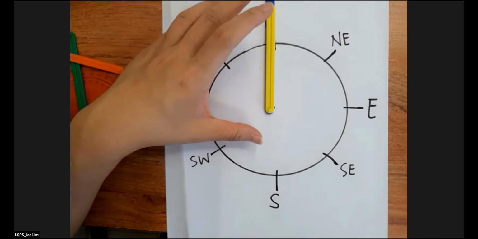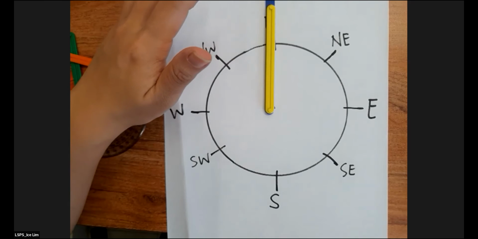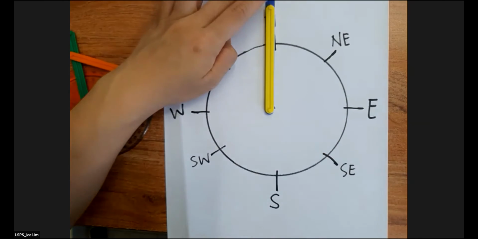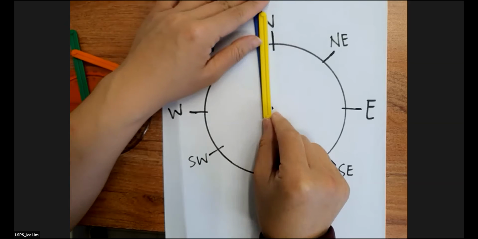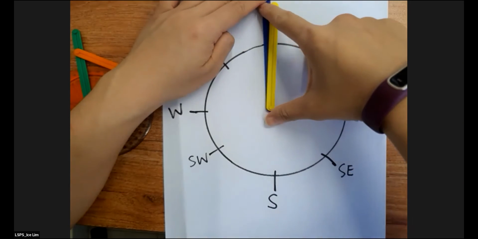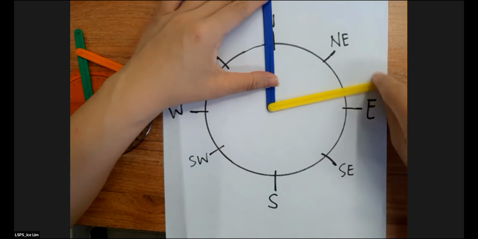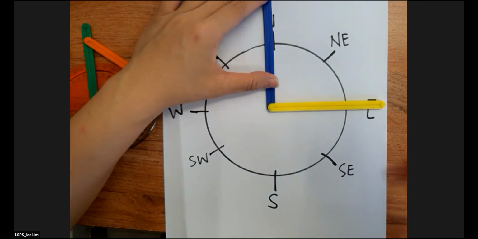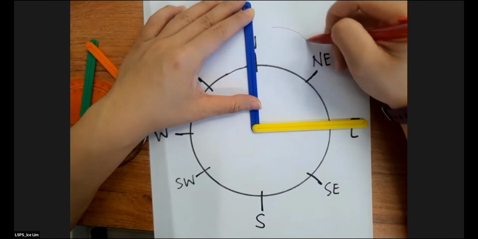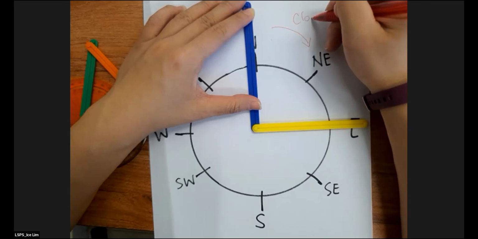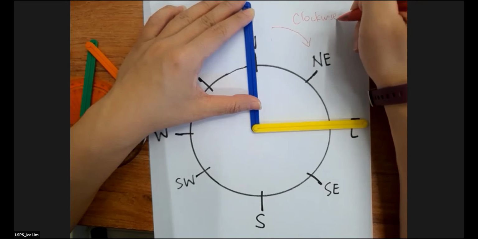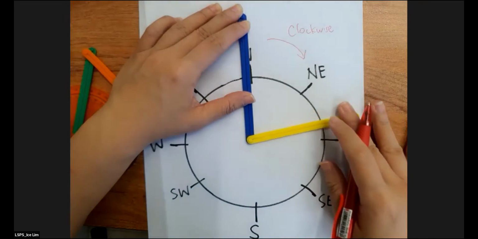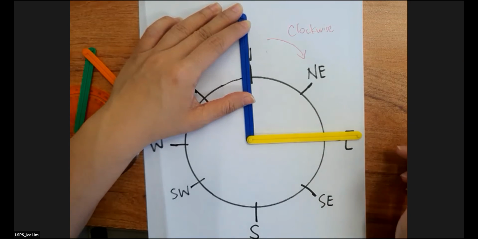All right, so as for me, if I start with north and I turn clockwise, clockwise means I turn this way, to east. What is the angle?